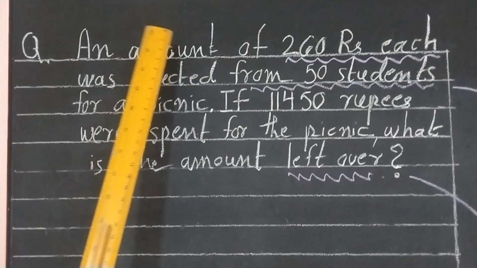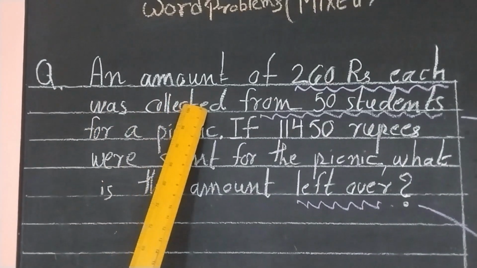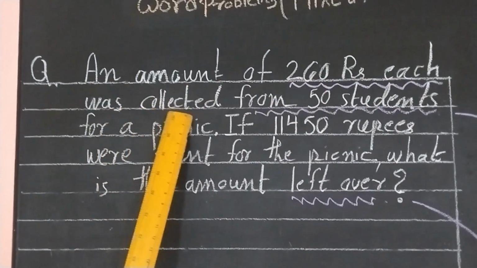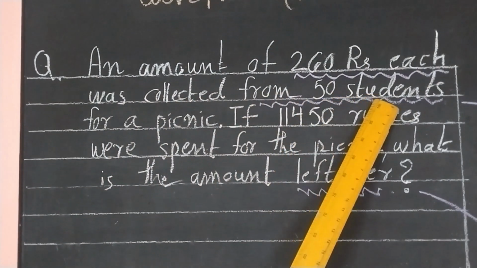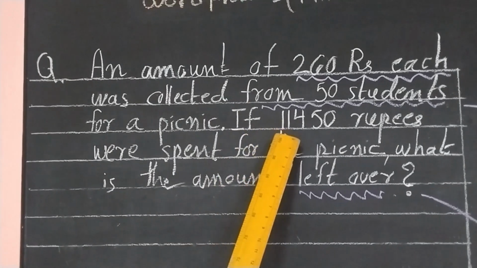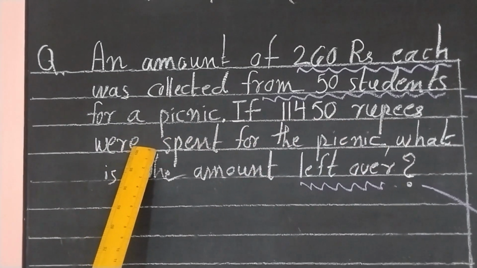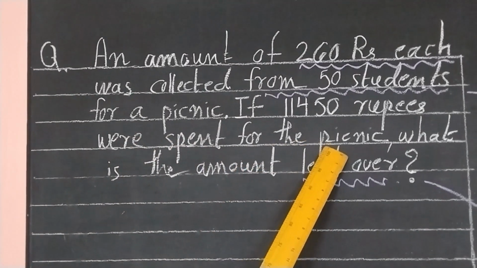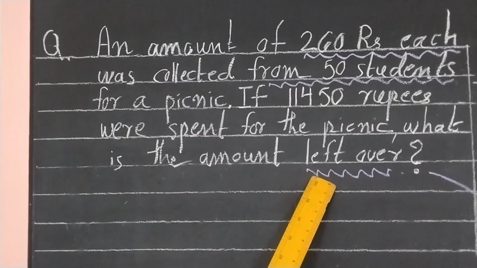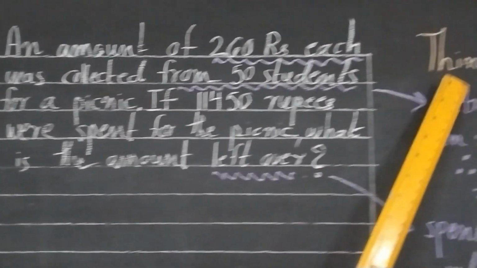Let us come to the next word problem. An amount of 260 rupees each was collected from 50 students for a picnic. If 11,450 rupees were spent for the picnic, what is the amount left over? So our thinking should go on these lines.